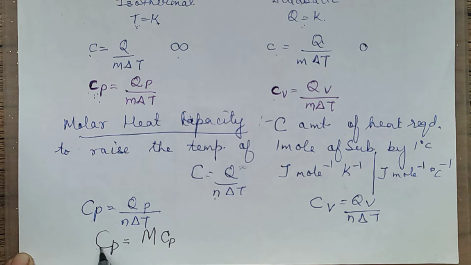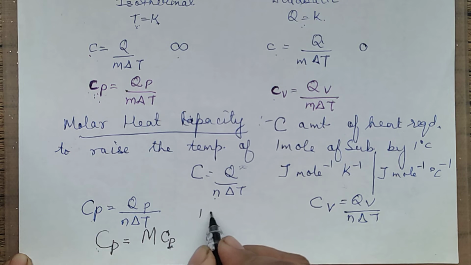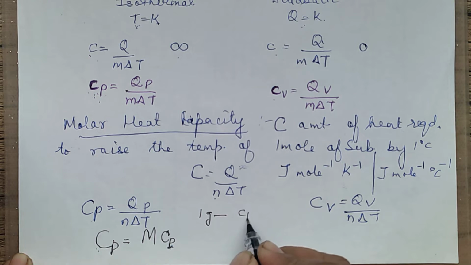So molar heat capacity Cp is equal to molecular mass multiplied by specific heat capacity, because the specific heat is the heat required to raise the temperature of 1 gram by 1 degree, and this is for 1 mole.